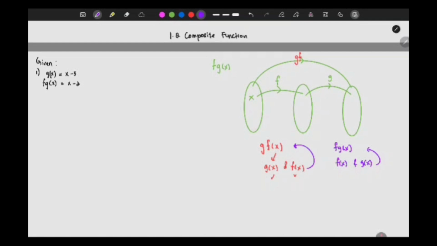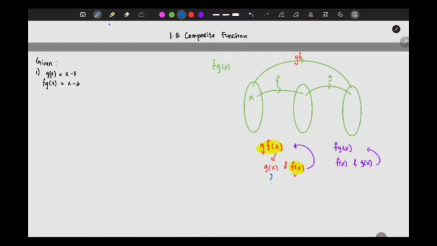But in this video, I'm not covering that. Instead, it's something similar, but not exactly the same. In this video, I'm going to cover: let's say I give the GFX and the FX, is it possible for me to find my GX? The answer is yes.